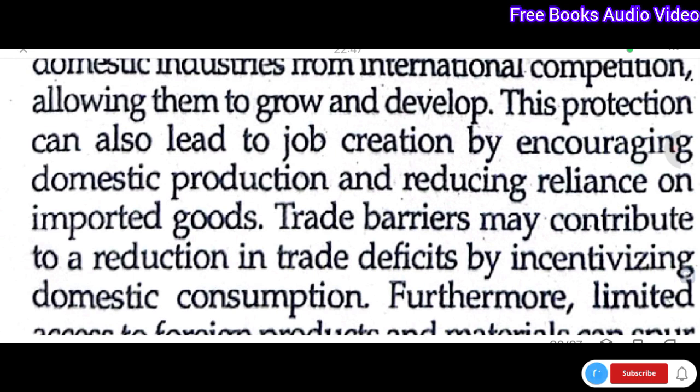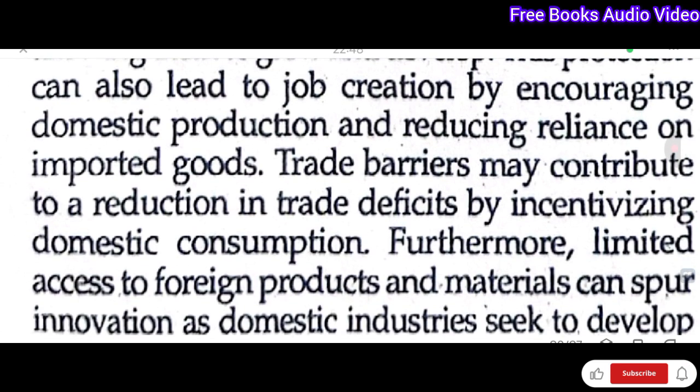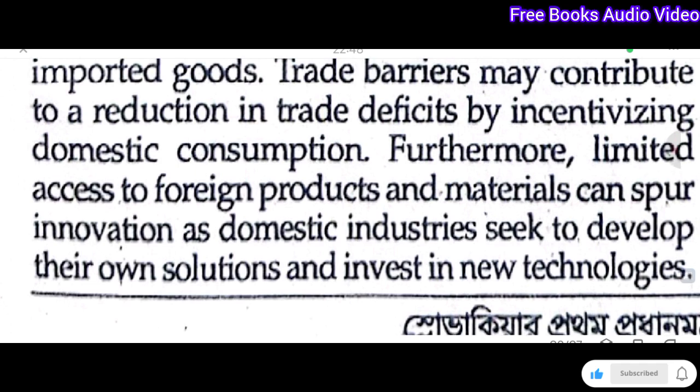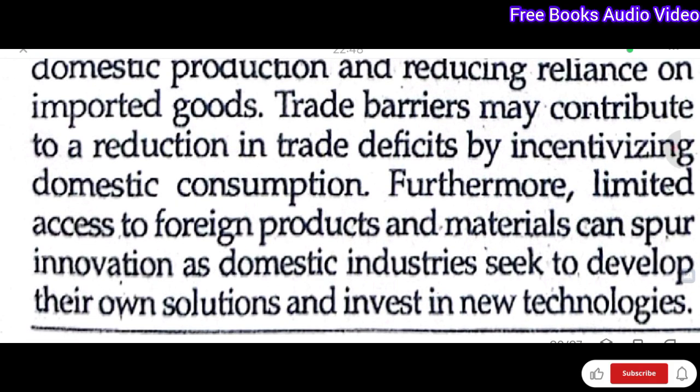Trade barriers may contribute to a reduction in trade deficits by incentivizing domestic consumption. Furthermore, limited access to foreign products and materials can spur innovation as domestic industries seek to develop their own solutions and invest in new technologies.